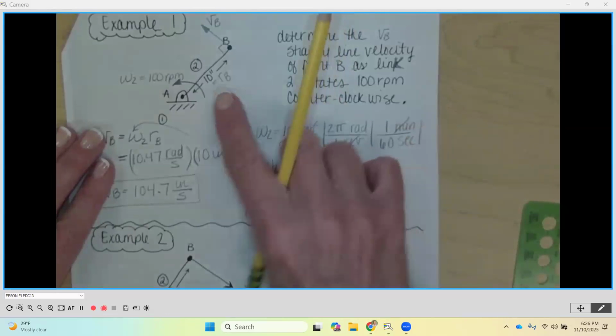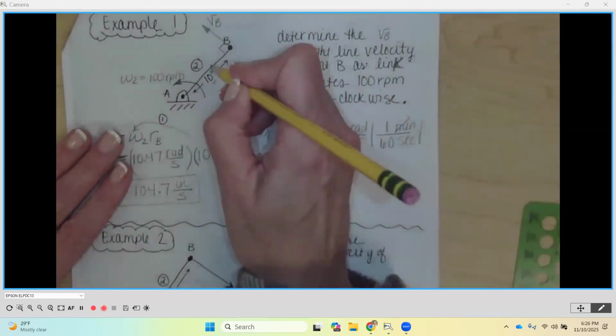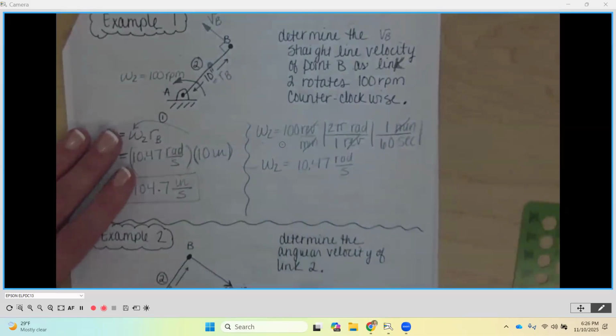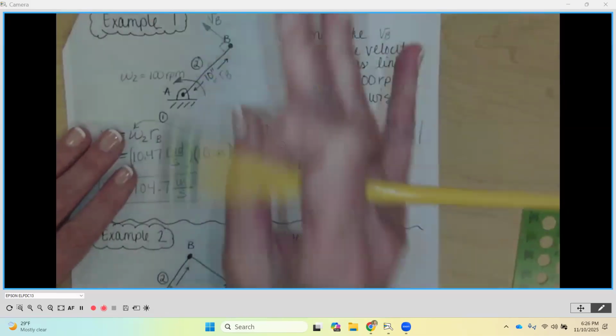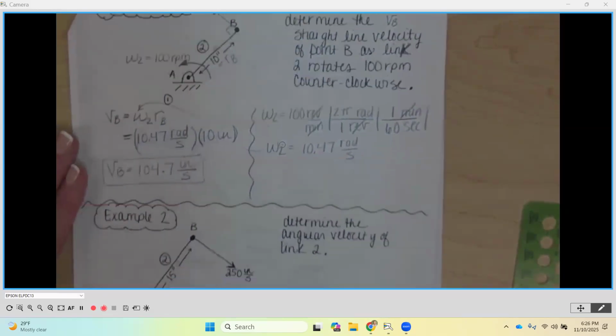So you need to call this RB. We could have a point here with another letter, and it would then be RC or something like that. The numbers are for the links, and the letters are for points, in this case a joint. Thank you. Good question.